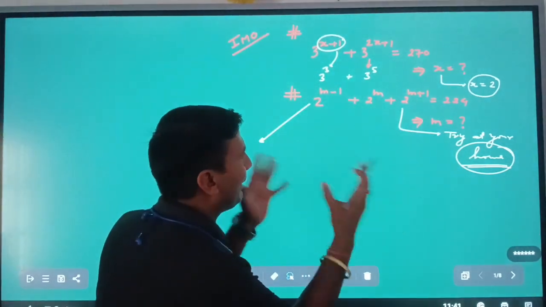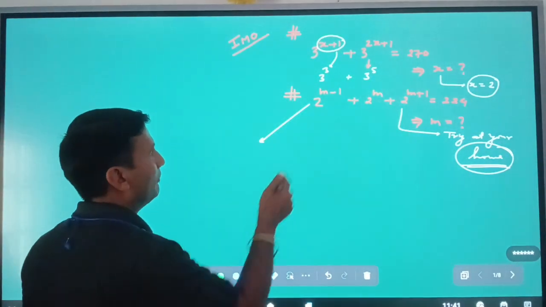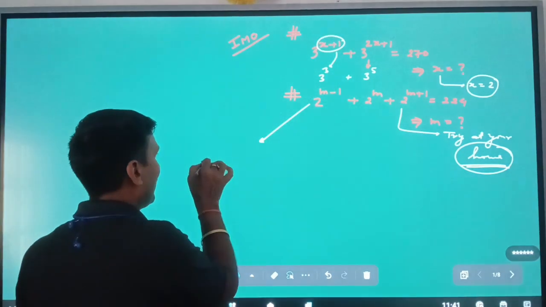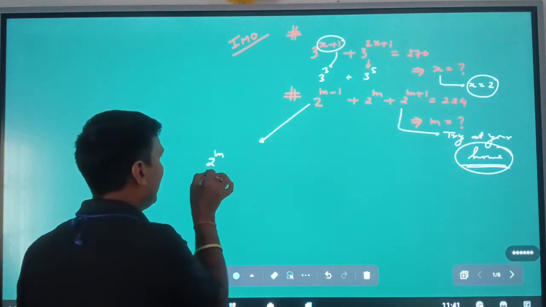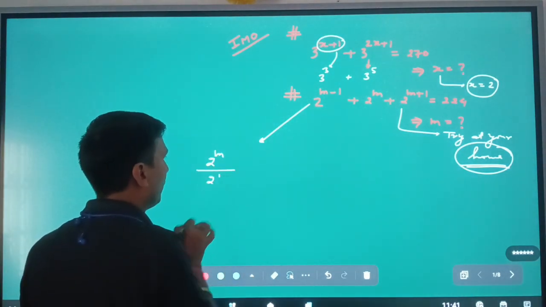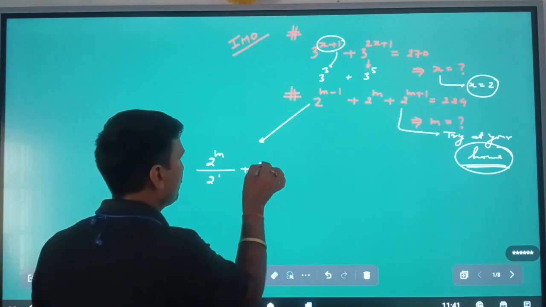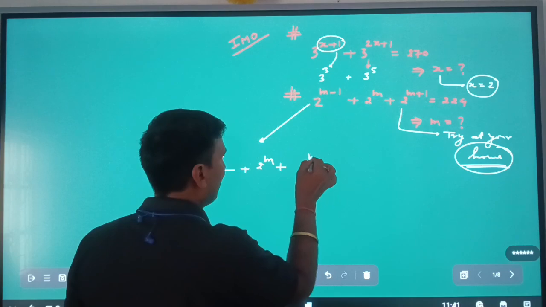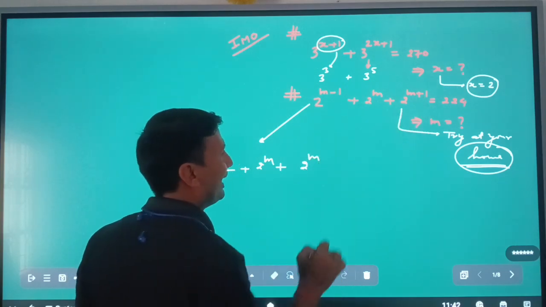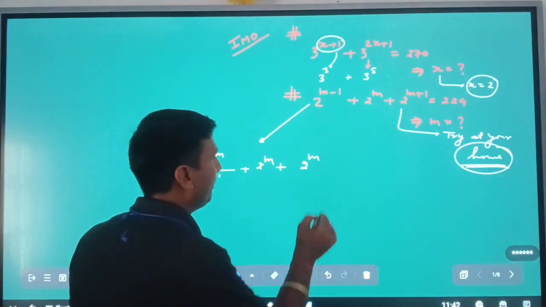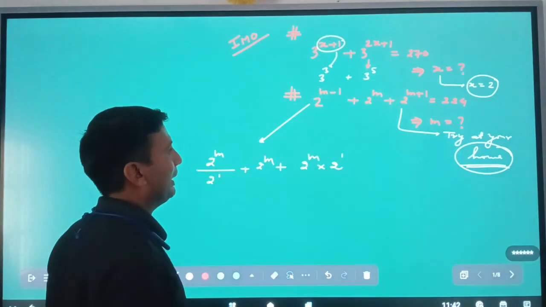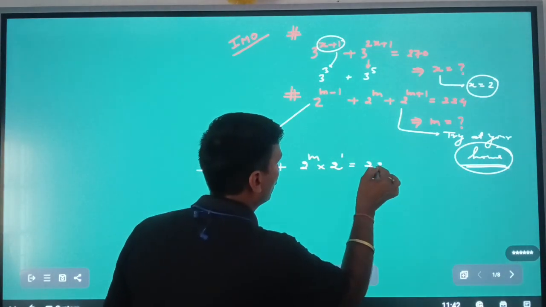So we can split in the backward form since the power is in the negative part. You can write 2 raised to the power m divided by 2 raised to the power 1, plus 2 raised to the power m, plus, now 2 raised to the power m and here the plus 1 is added, it means it must have been multiplied. So you can write 2 raised to the power 1 in multiplication format, and we have 2 to 4.